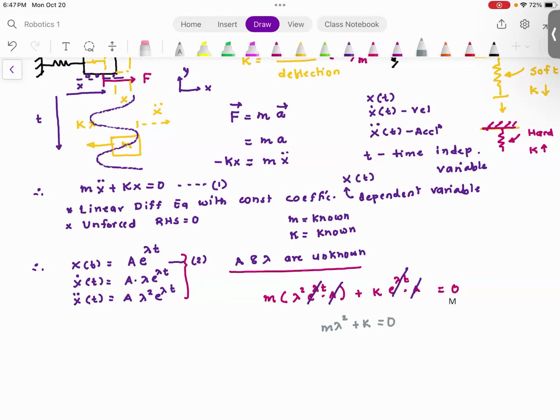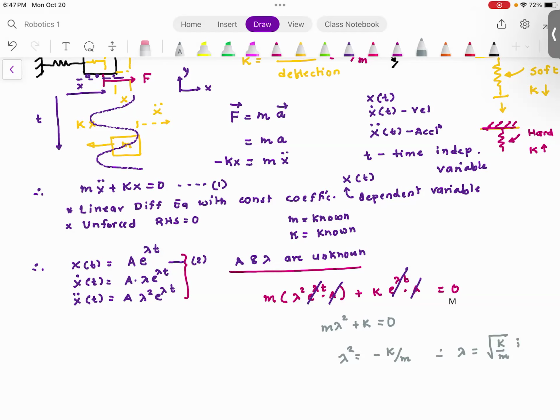Now, what that means is lambda square is equal to minus k by m, which means lambda is equal to square root of k over m times i. Do you agree with me? Now, let's start with what we started with. I assumed the solution of that differential equation x is equal to a e to the lambda t.